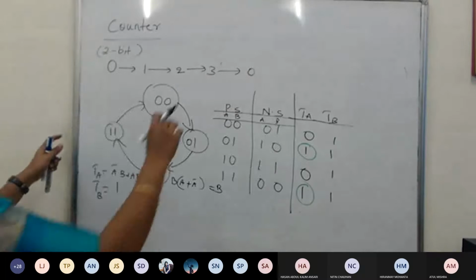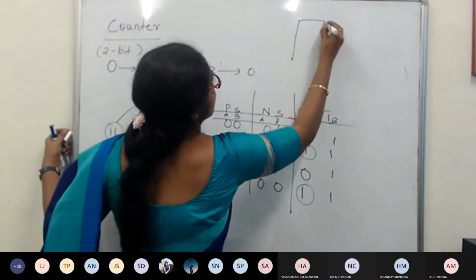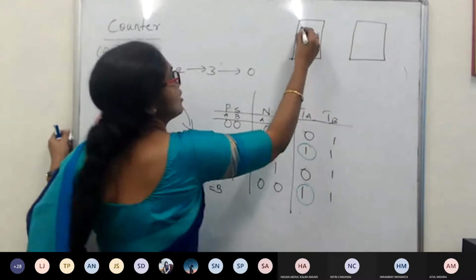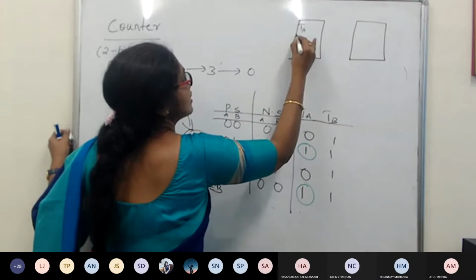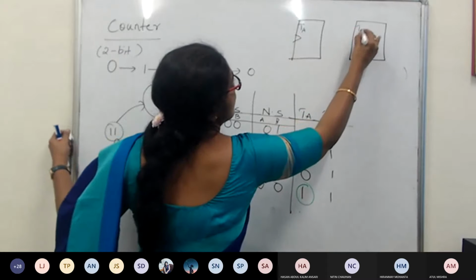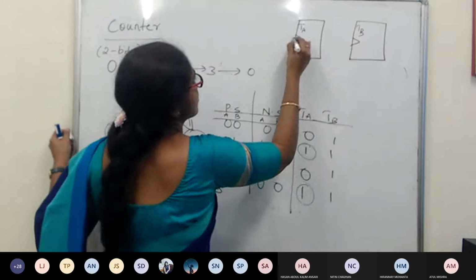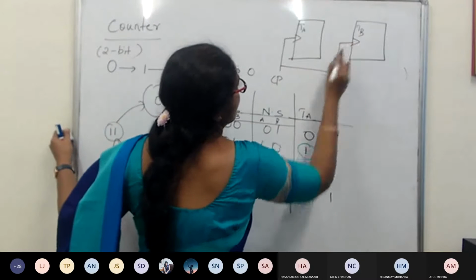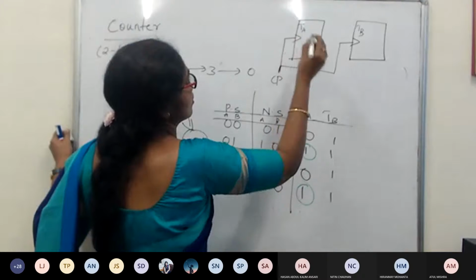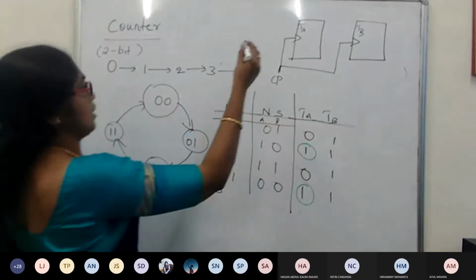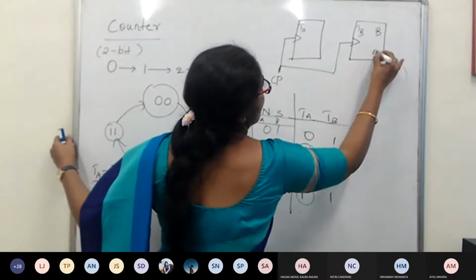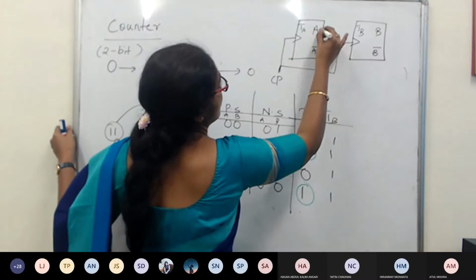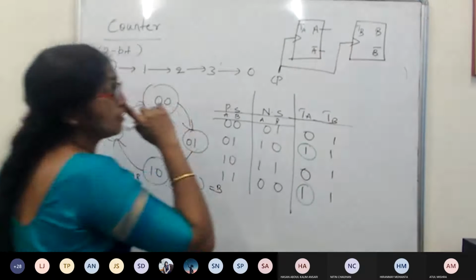Okay, I can do. Now this diagram is a little tricky. So I will be using TA, its clock pulse, TB, its clock pulse. Okay, so TA is B. Right.